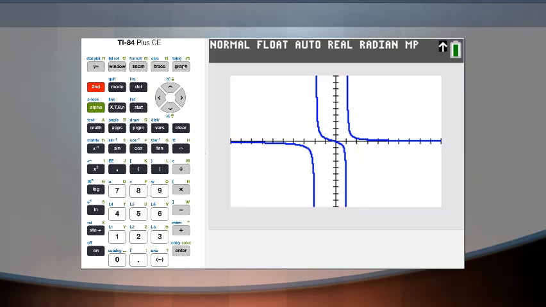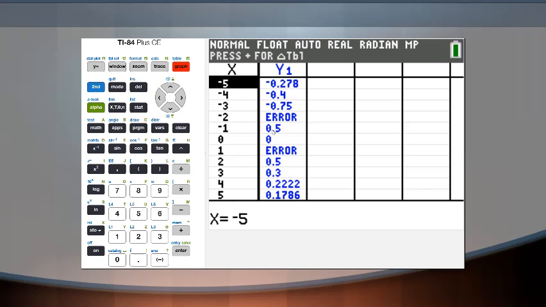Let's take a look at our table real quick. I can see when x is negative 2, y is undefined, and x is 1, y is undefined. But I do have one little section of the graph there at the origin, where it does cross, and I've got intercepts at both locations. As x is going towards negative infinity, I can see the values getting smaller and smaller, but if I were to run that table up, I don't believe it's ever going to cross 0 at that level.